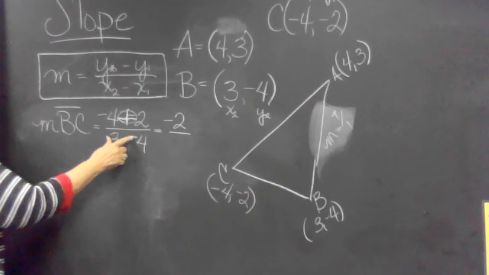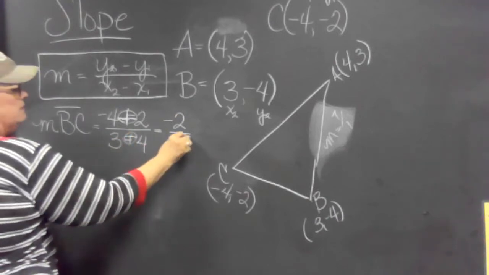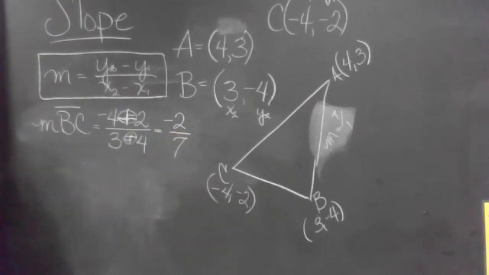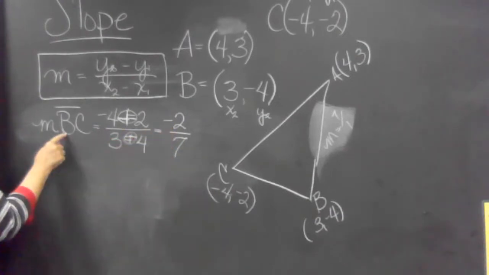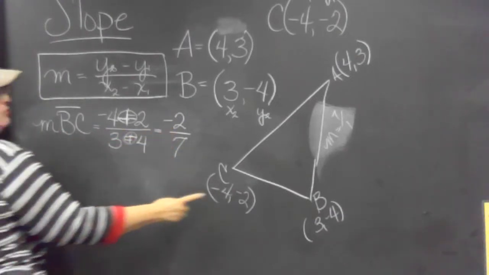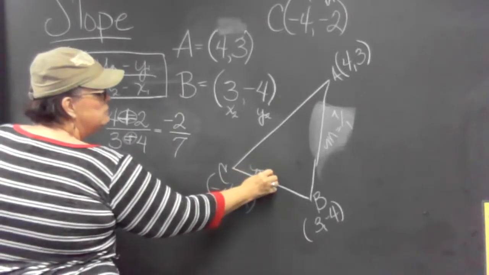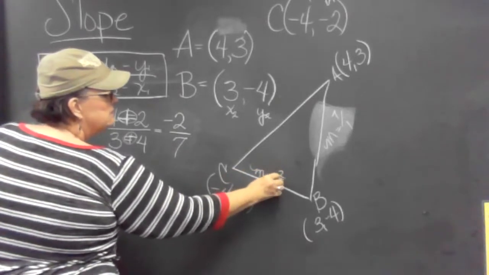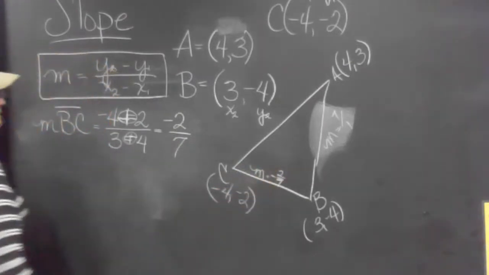And again, the minus and the negative make a plus, 7. And so the slope, this won't simplify. And so the slope of segment BC, which is right here, the slope equals -2/7.